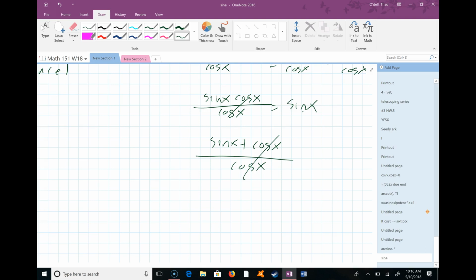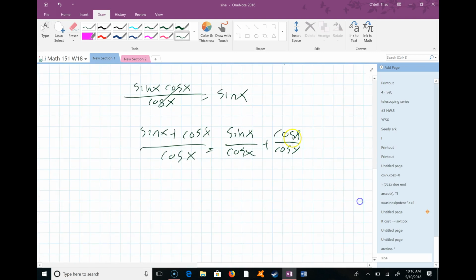The proper way to handle this would be to break this into 2 fractions. That'd be sine x over cosine x plus cosine x over cosine x. Now, in this fraction, cosine is a factor of the top and the bottom, isn't it? So that is 1. And I'm left with really tangent x plus 1, aren't I? Not sine x plus 1 or some other weird thing. Okay?